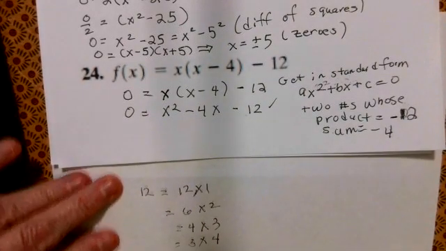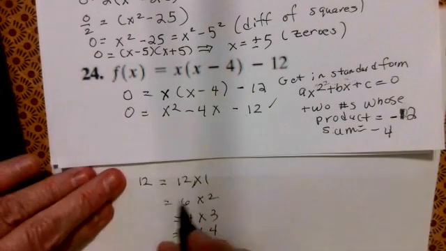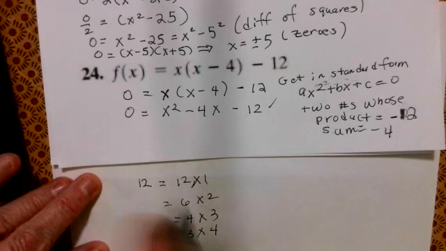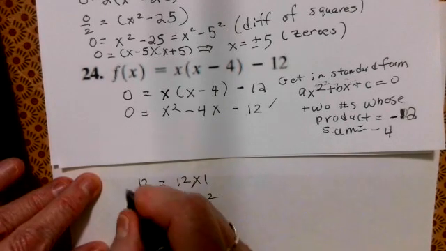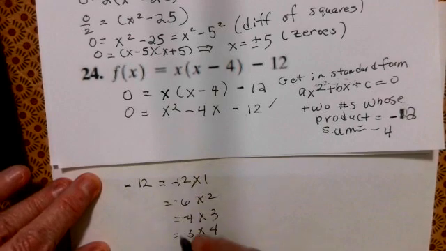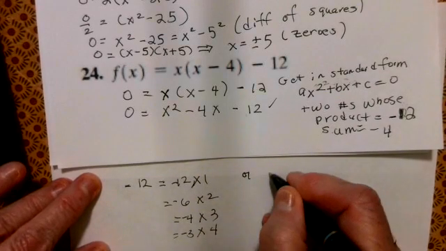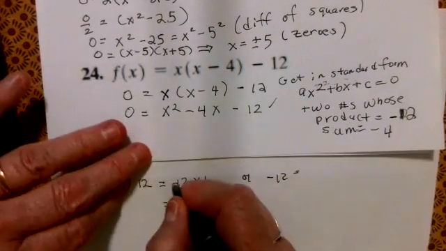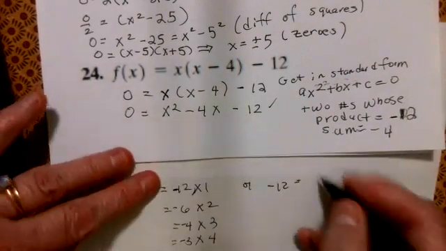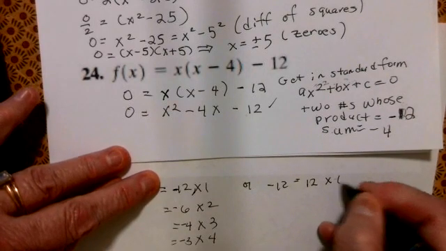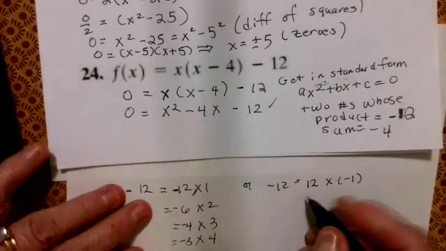Now, this is a negative 12, so one of these is going to have to be negative. You could make the 12 negative, or you could make the 12 positive and the 1 negative.